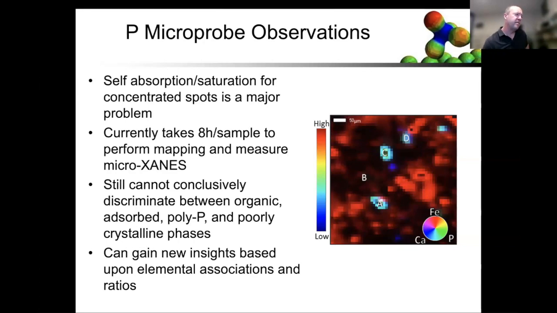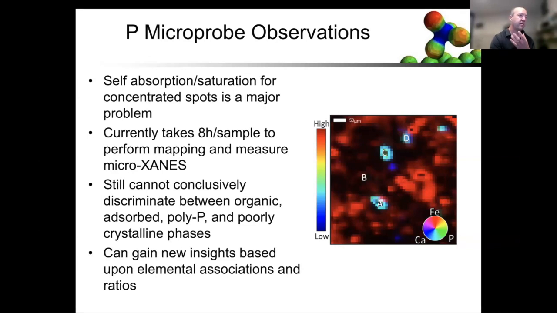And then the other thing is that you still can't really conclusively discriminate between the organic phases, the adsorbed, and the really poorly crystalline phases. You can, however, get some insights into, if you think it's adsorption, what the likely phase is. If you see that it's a co-location with iron, then it's probably sorbing on oxides.